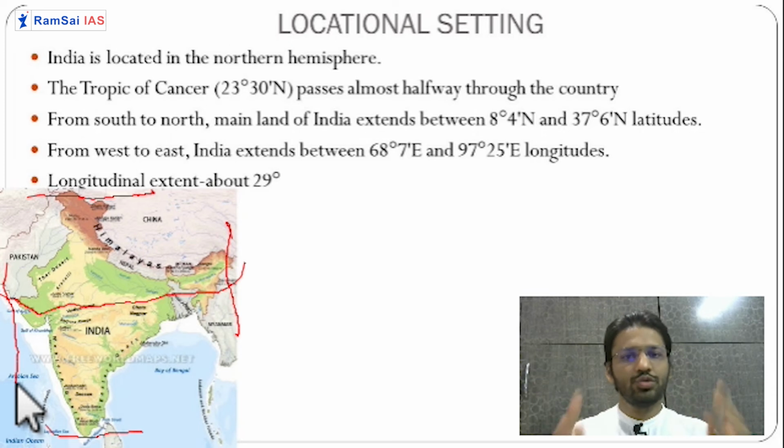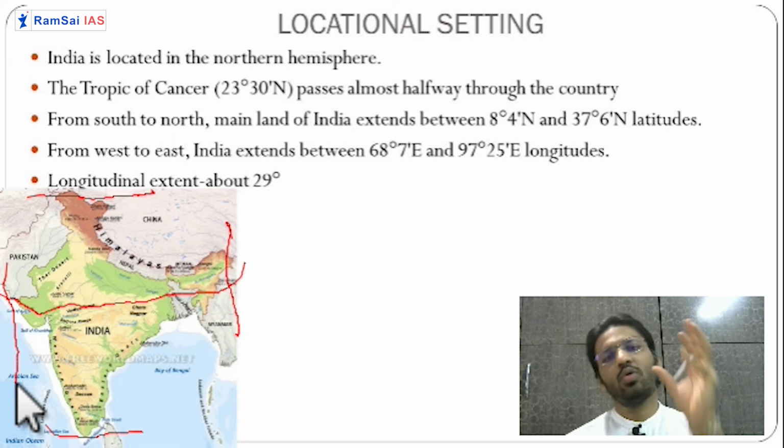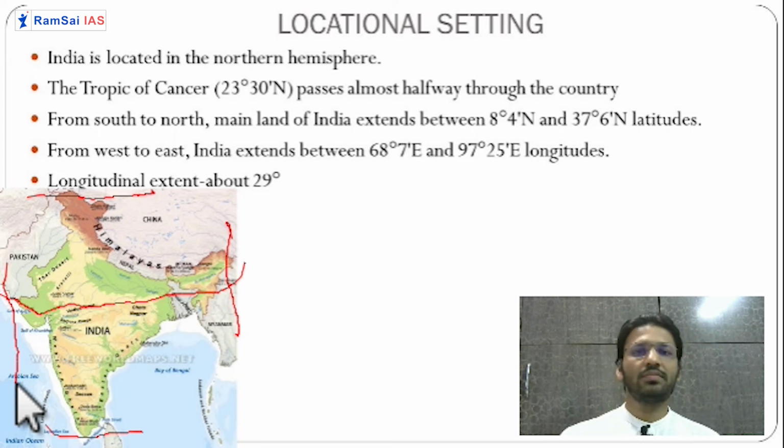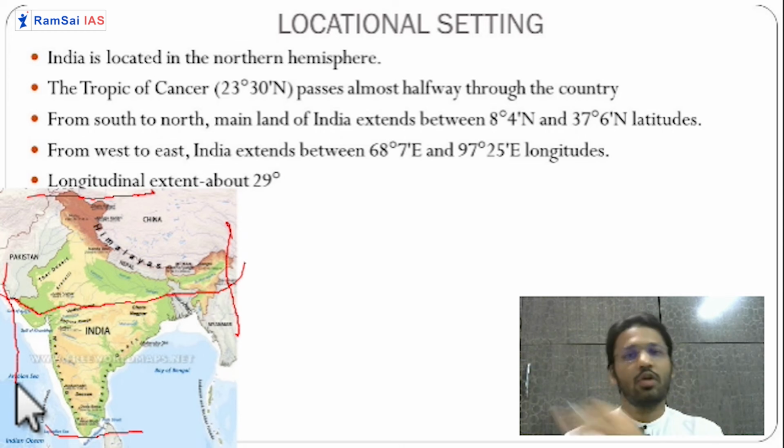Again, if we reduce 68 degrees from 97, you will get around 29 or 30 degrees. So India's overall extent east-west and north-south is roughly 30 or 29 degrees. This is how India is locationally placed: in the eastern hemisphere, with the Tropic of Cancer passing through the center, and an extent of around 30 or 29 degrees.